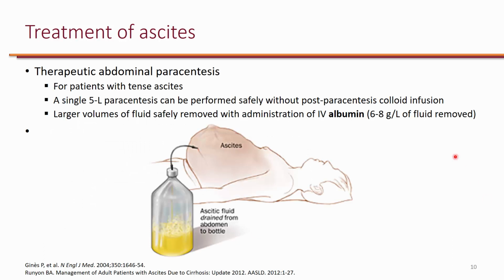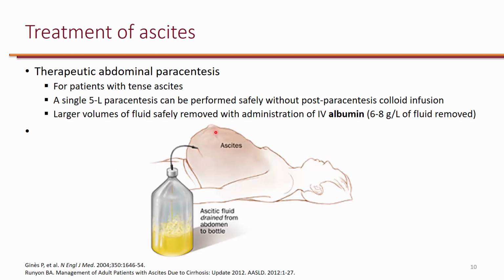So another option that we have for treatment of ascites is therapeutic abdominal paracentesis. With dual diuretics, there's only so much fluid you can get rid of. There's a limit on how much the kidneys can actually get rid of.